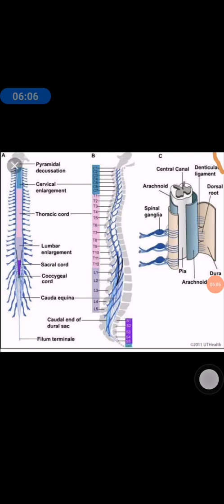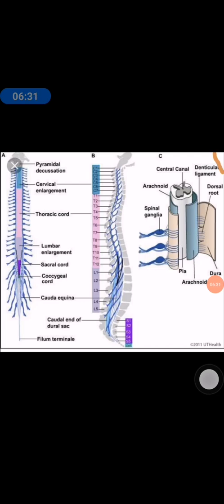Now the anterior horn. The neurons of the anterior horn are multipolar, and there are some large and some small neurons. Large neurons are alpha motor neurons and they innervate skeletal muscle, and small neurons are gamma motor neurons, which innervate the neuromuscular spindle.